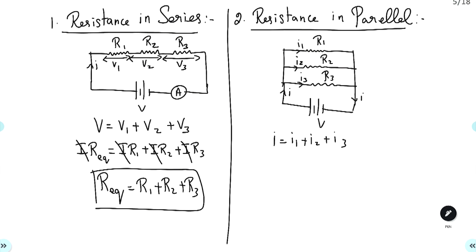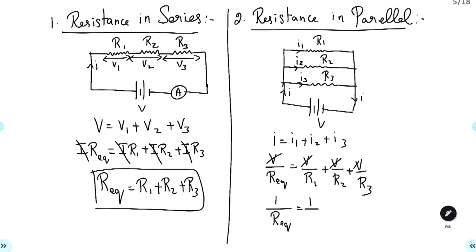Again using Ohm's law I will rewrite this. V by R equivalent is equal to V by R1 plus V by R2 plus V by R3, and all the V's could be brought down, and 1 by R equivalent is equal to 1 by R1 plus 1 by R2 plus 1 by R3.